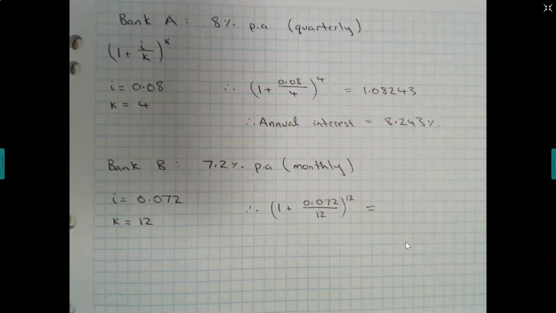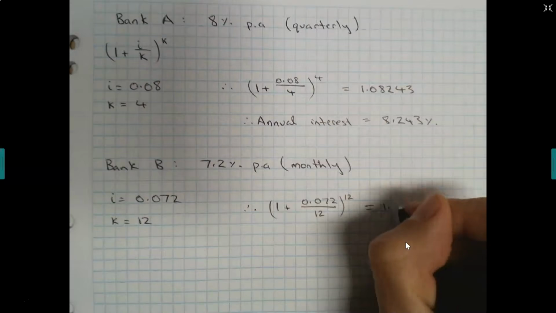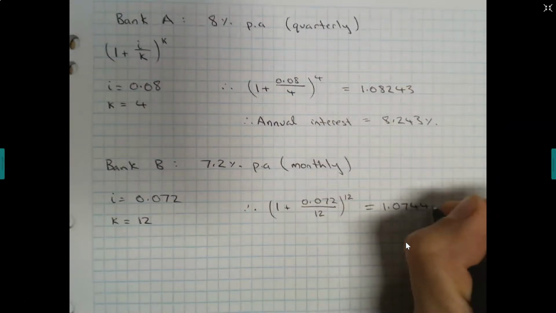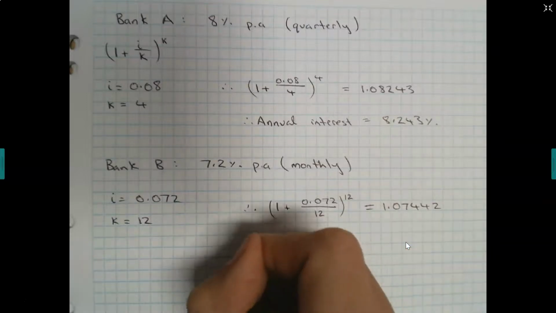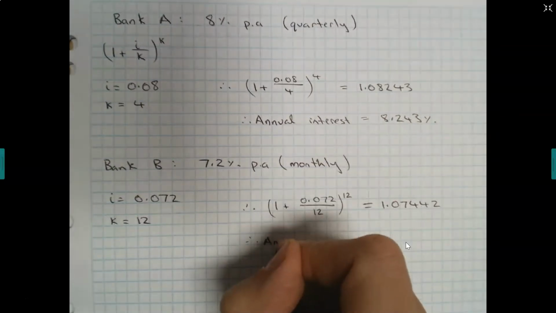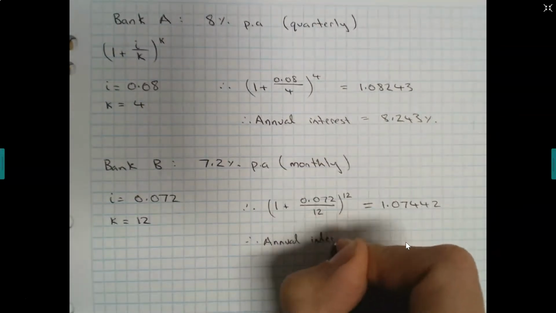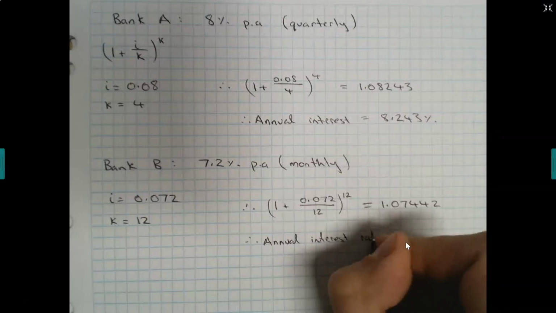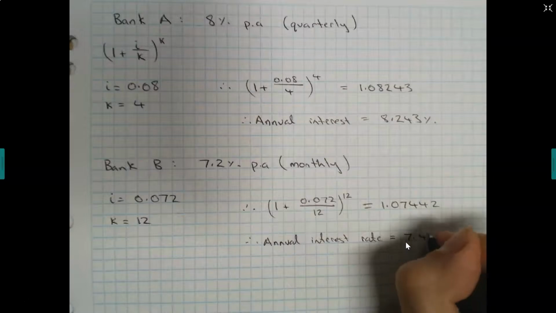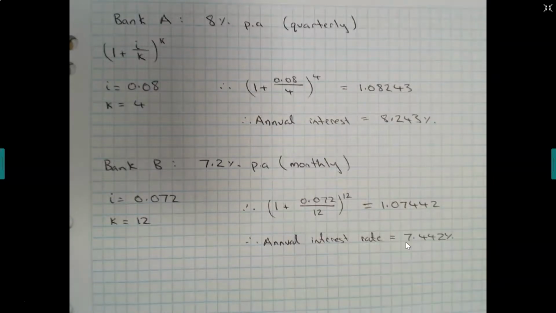This gives us 1.07442. So therefore, the annual interest rate is equal to, these are the important values, 7.442%.